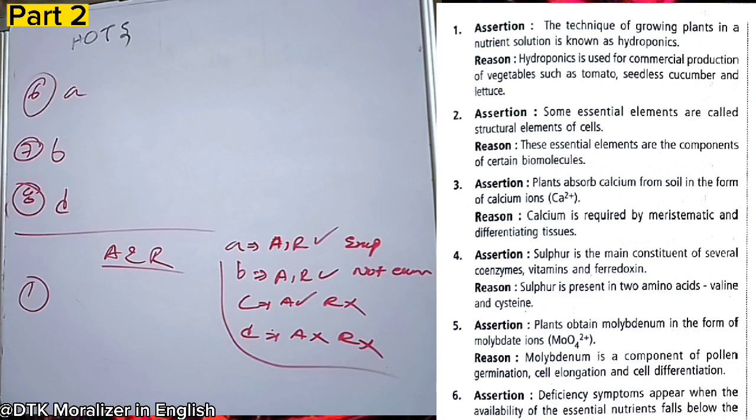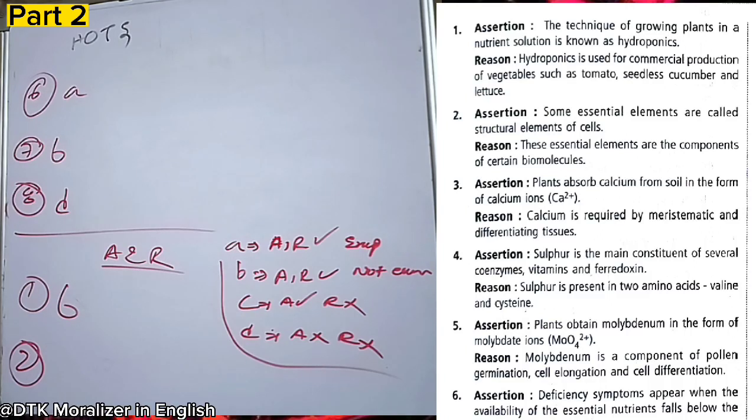Now question number 1. The technique of growing plants in a nutrient solution is known as hydroponics. Hydroponics is used for commercial production of vegetables such as tomato, seedless cucumber and lettuce. Both are right but not the correct explanation of each other, because growing plants is what is mentioned. Question number 2.